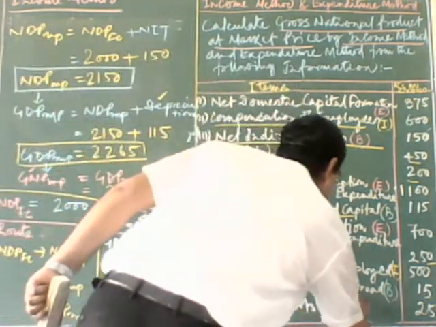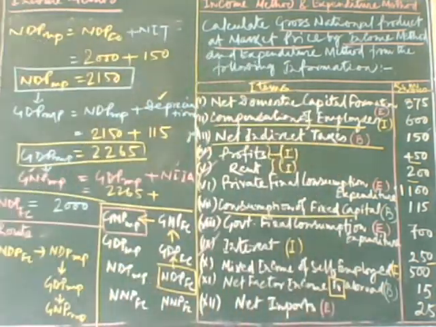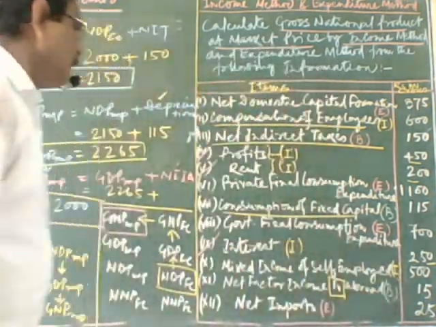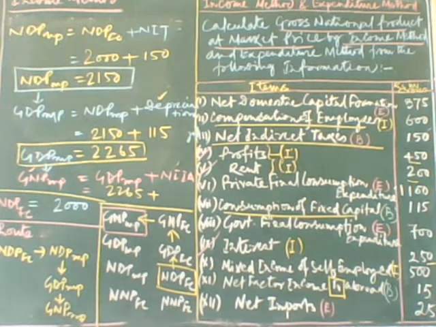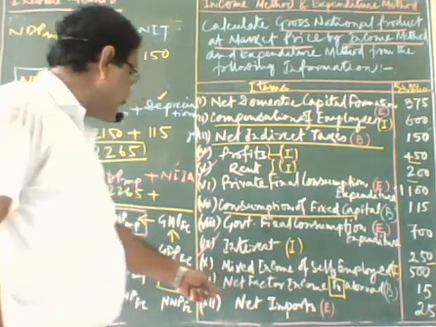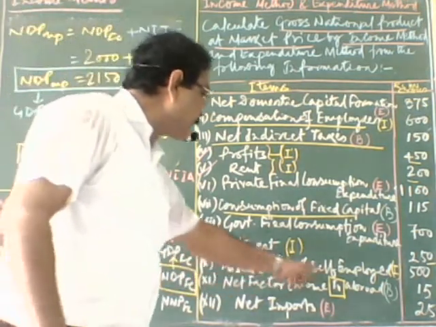Here, net factor income from abroad is not given, only net factor income to abroad is given. But whenever you have to change into from abroad, that is net factor income from abroad, you have to first calculate the value of net factor income from abroad.